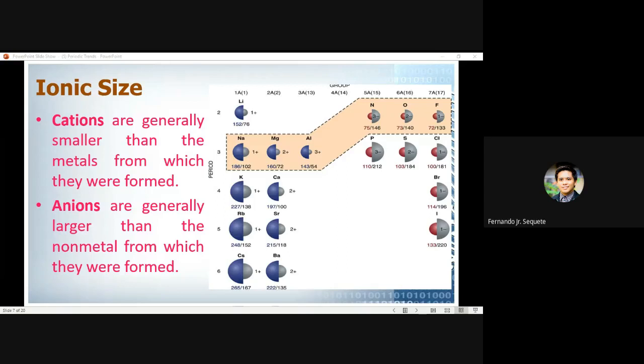Now, let's try this example. Let's have chlorine. What is the element symbol of chlorine? Cl. Very good. Let's have an example: Cl2- and Cl5-. Which of the two is larger? Cl2- or Cl5-?